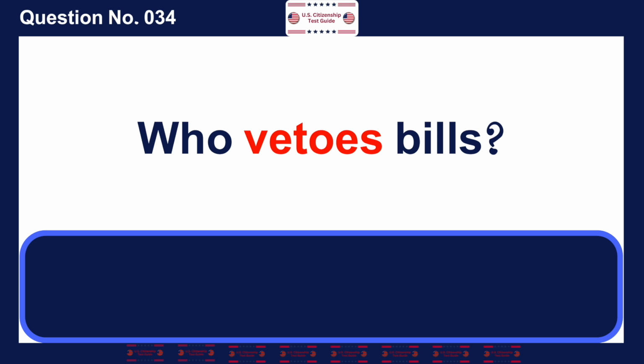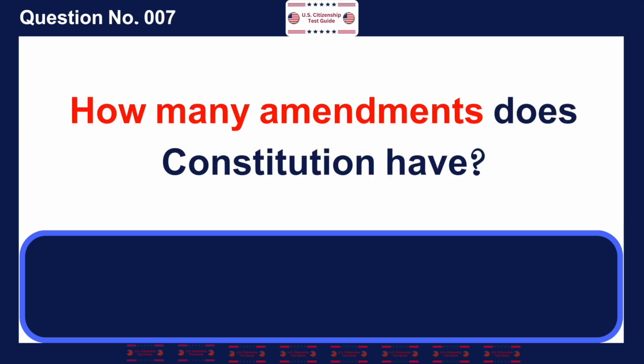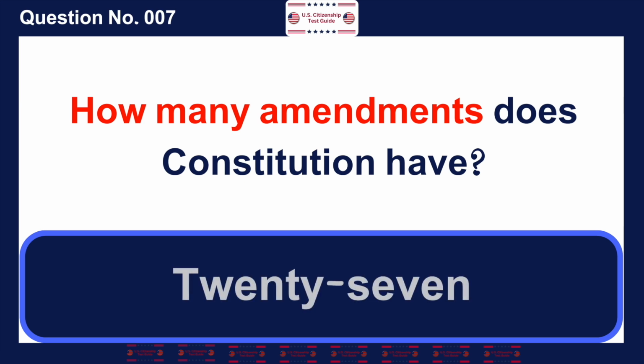Who vetoes bills? The President. How many amendments does the Constitution have? 27.